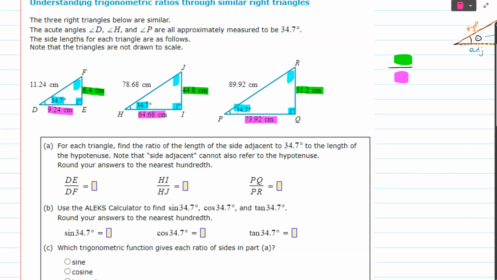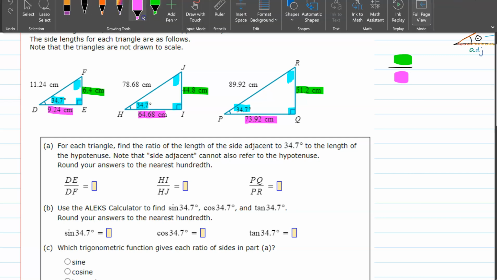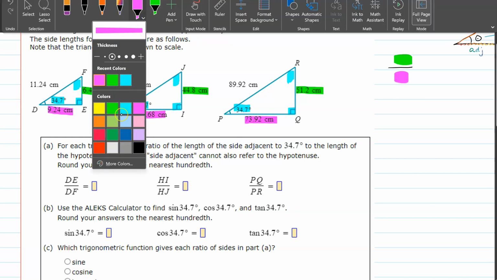Right? So green over purple or pink is going to be the same for every single one of these triangles because they're similar. That's also true with the hypotenuse as well.